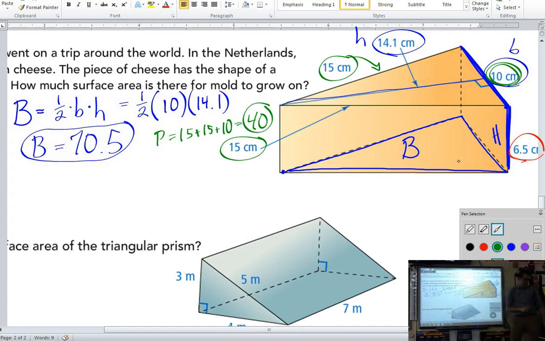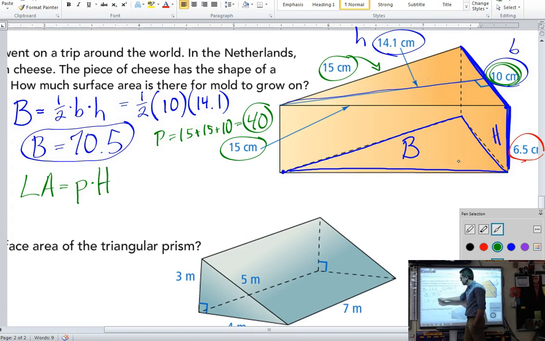Abby, what do I do with that perimeter working towards my lateral area? What's my formula for lateral area? Lateral area is the perimeter times big H, so the perimeter times the height of the prism.